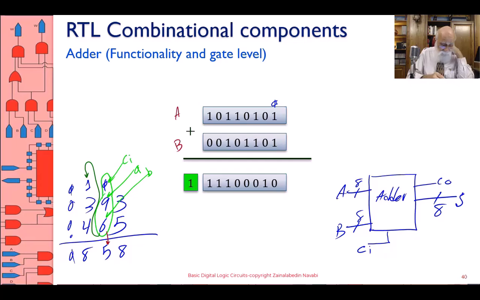See, the result of these three is a 0 here and a sum out here and then a carry into the next position, which is a 1.